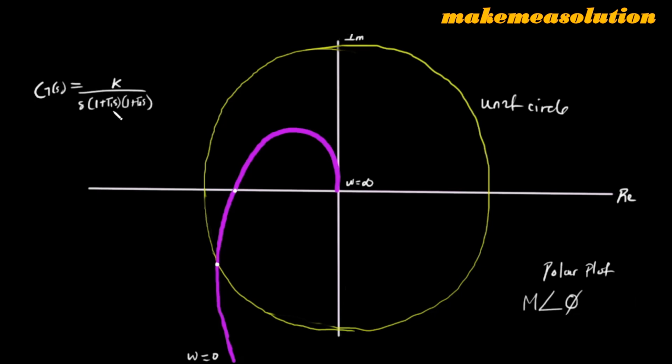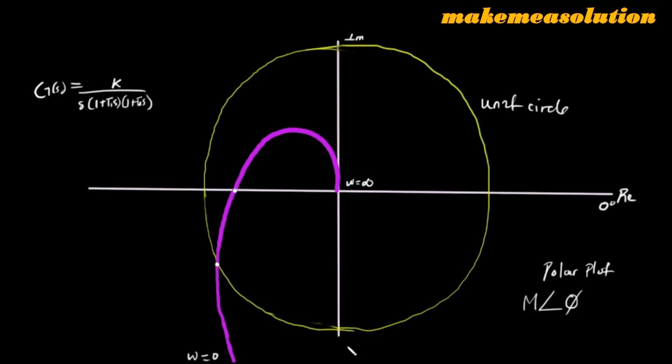Now it's important you memorize the Nyquist plots for some standard G(s). I defined different Nyquist plots for different types of transfer functions in the last class on Nyquist criteria, so you should check that video out. Since we are talking about magnitude versus phase, it's also important we label our axis.